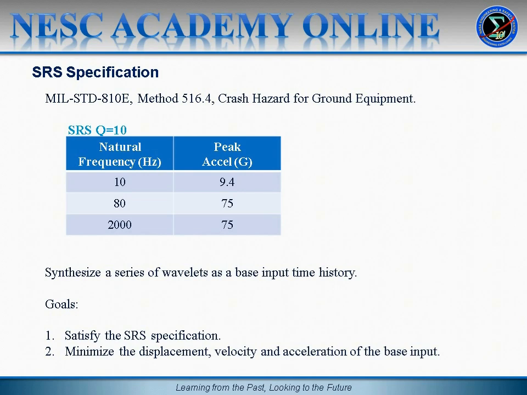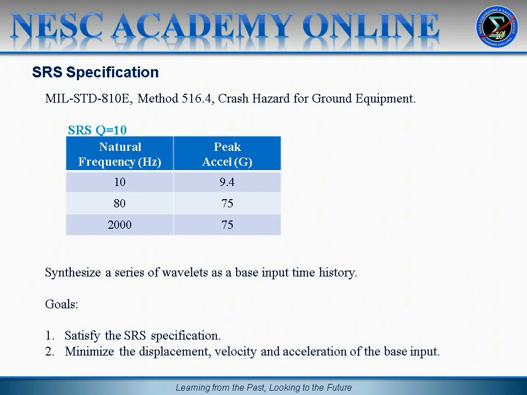The left column in the table is natural frequency in Hertz, and the right column is the peak acceleration in G. Now the first coordinate pair is 10 Hertz and 9.4 G, and as it turns out that's going to be somewhat difficult to meet in terms of the corresponding displacement time history. So that's a particular challenge for this specification.